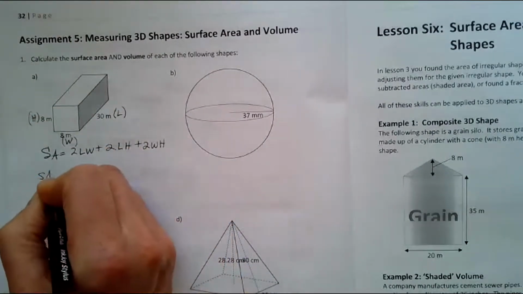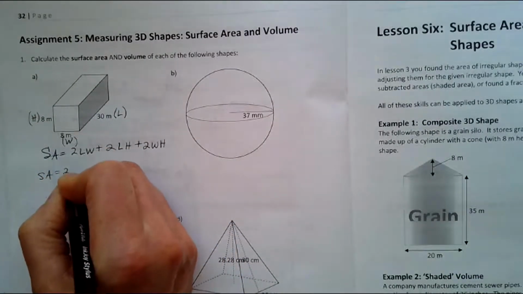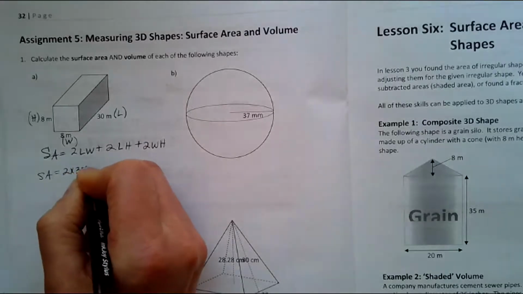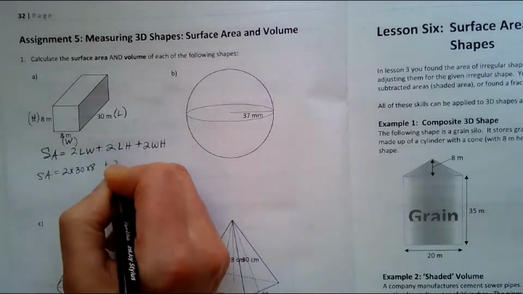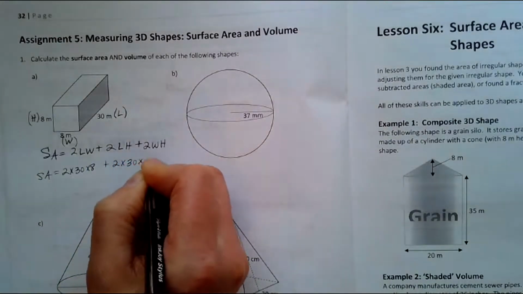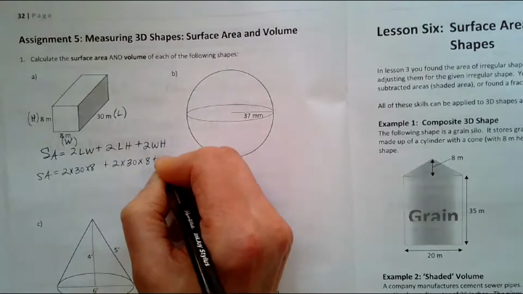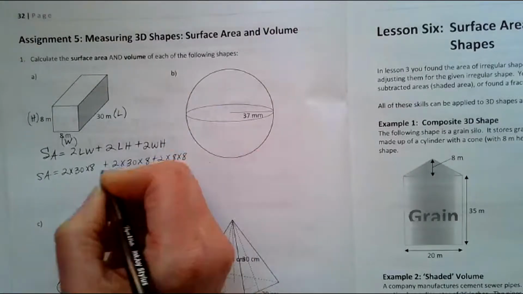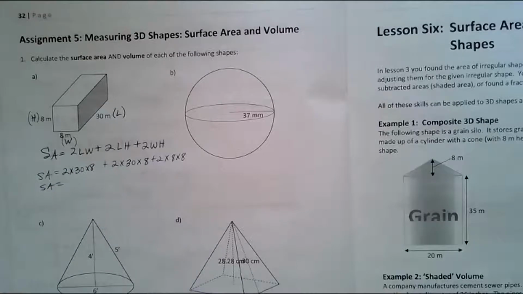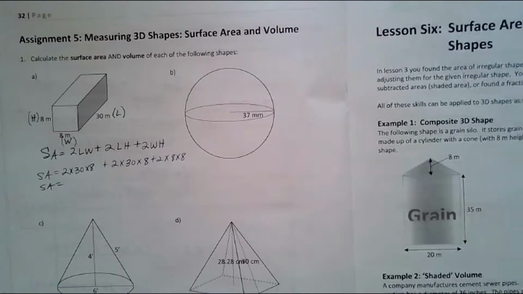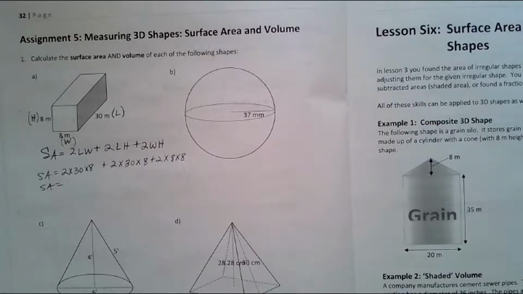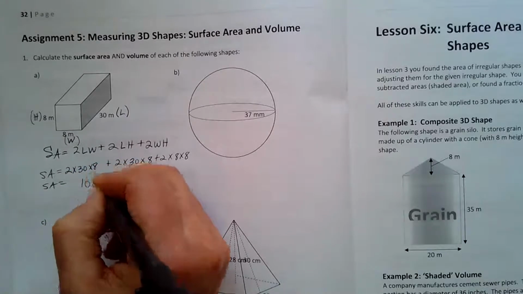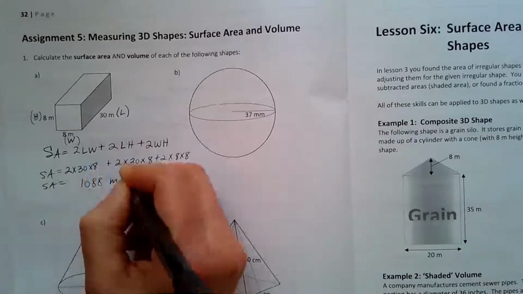So the surface area of this shape is 2 times L times W plus 2 times L times H plus 2 times W times H. And if I put that all into the calculator, I get 1088 meters squared.